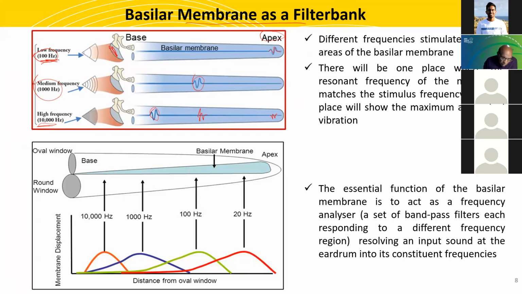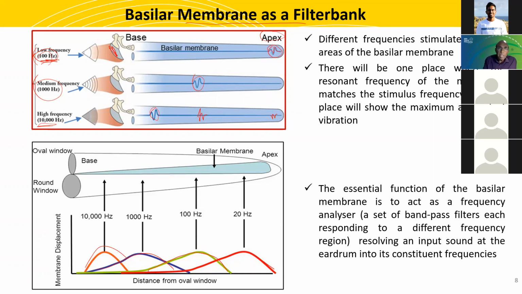So we can model these as bandpass filters. We could say the membrane acts like a bandpass filter, because when you give 100 hertz, it only oscillates there. So I need a bandpass filter there, another one here, another one here. We can take the membrane and model it as many bandpass filters.